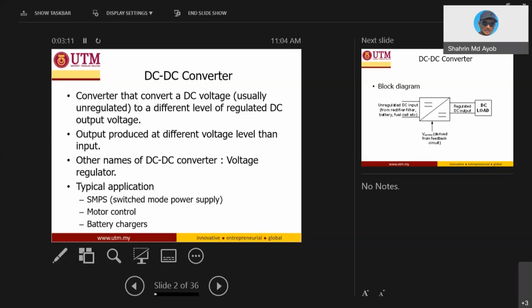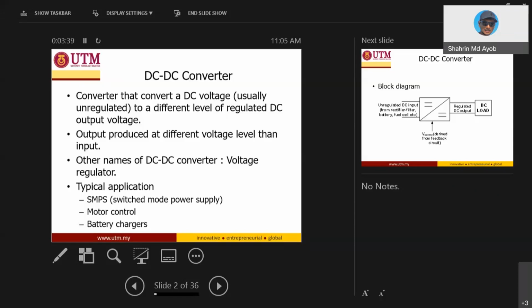A typical application, I hope you can see this, is the SMPS, the switch mode power supply. For example, it is the DC power supply in your lab right now.